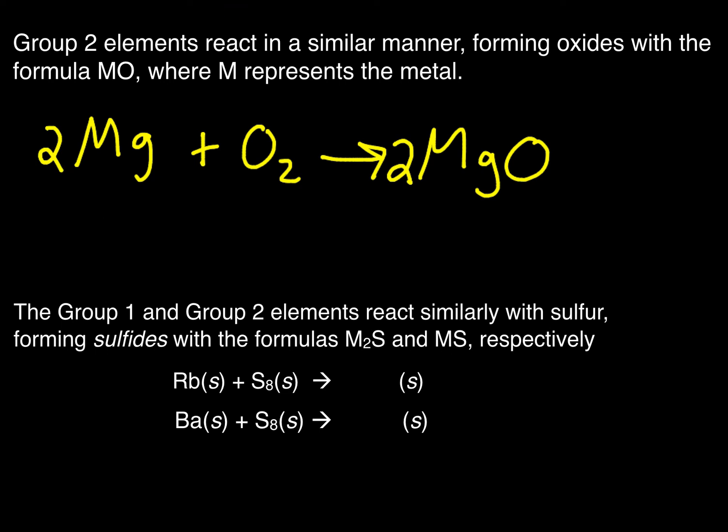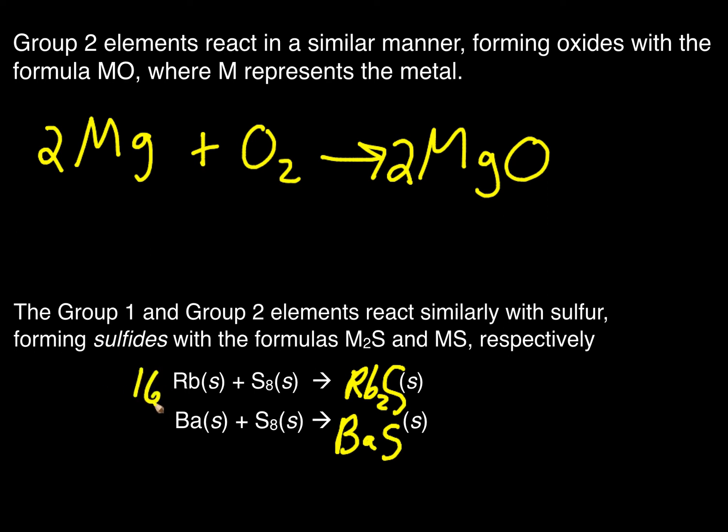So talking about sulfur, the group 1 and group 2 elements react similarly with sulfur, forming sulfides with the formula M2S and MS respectively. For example, we have Rb plus S8 that would produce Rb2S. And the second one would be BaS. Now to balance these, this could be a little tricky.